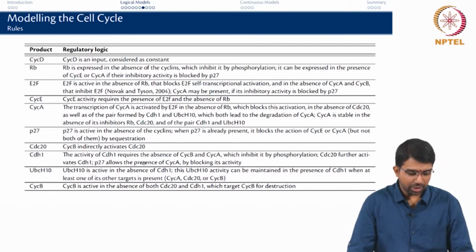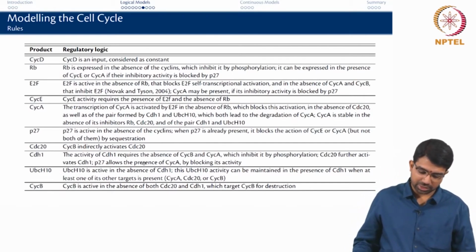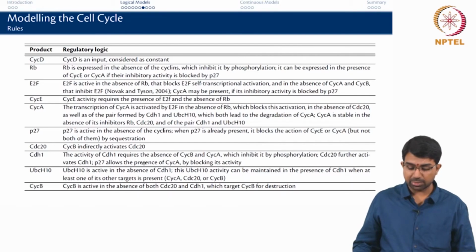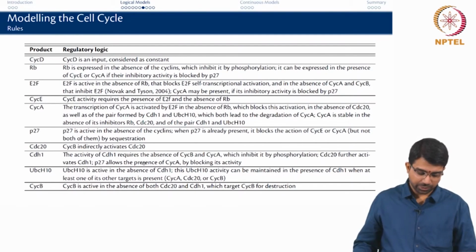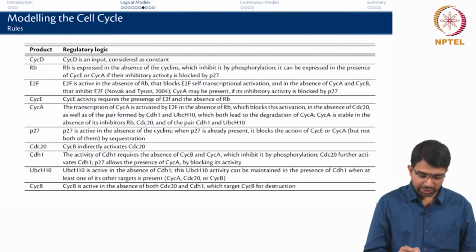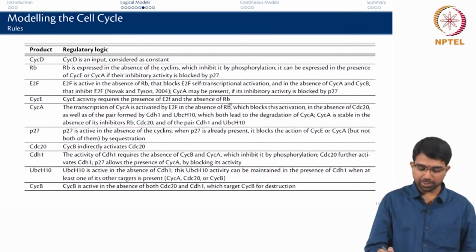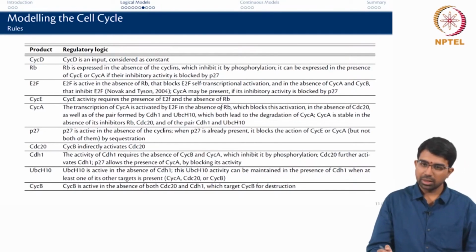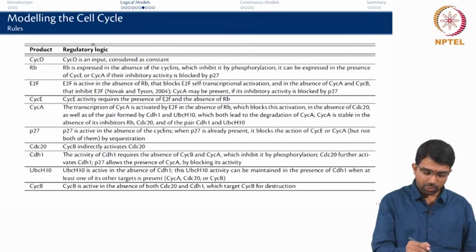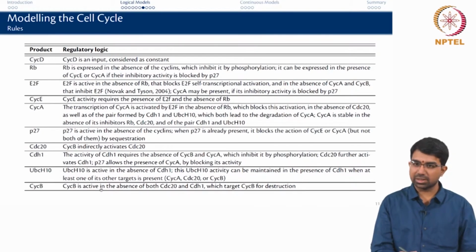So, RB is expressed in the absence of cyclins which inhibited by phosphorylation. It can be expressed in the presence of cyclin E or cyclin A if their inhibitory activity is blocked by P27, right. So, or cyclin E activity requires the presence of E2F and the absence of RB, right. So, it is easy to, once you write down these statements.